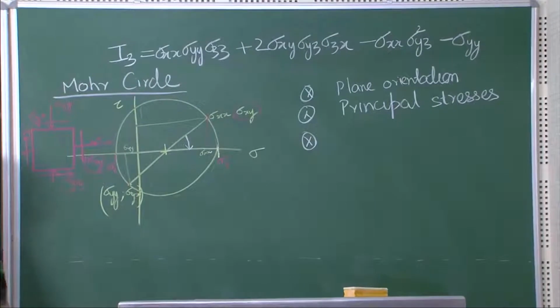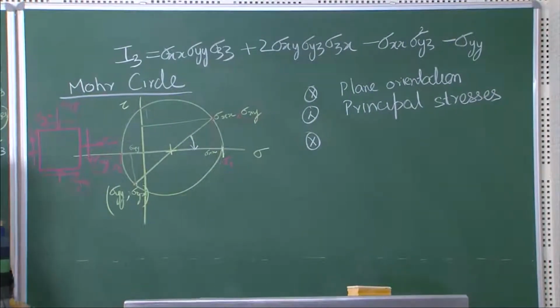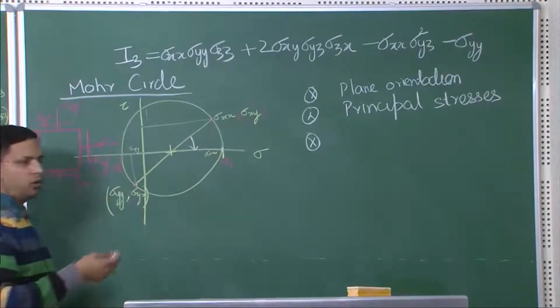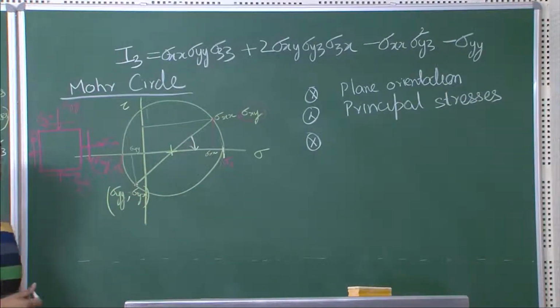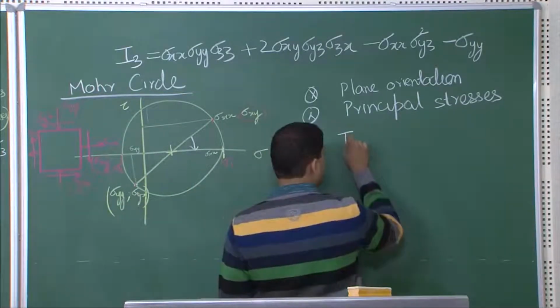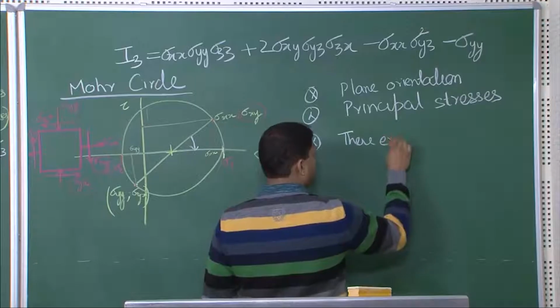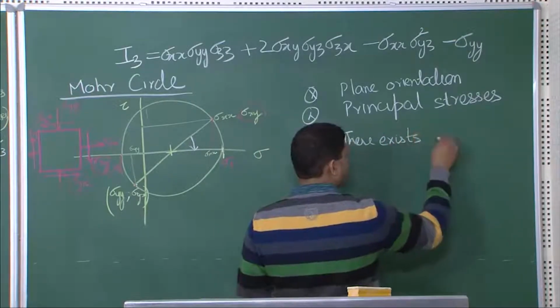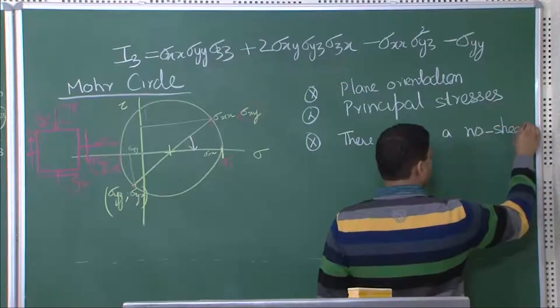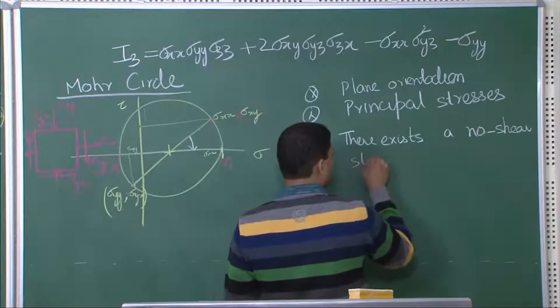You remember, this is why we are calling these principal stresses. So, when we rotate it by a particular angle, we do get to a position where we have only normal stresses and no shear stresses. So, there exists a no shear stress orientation.